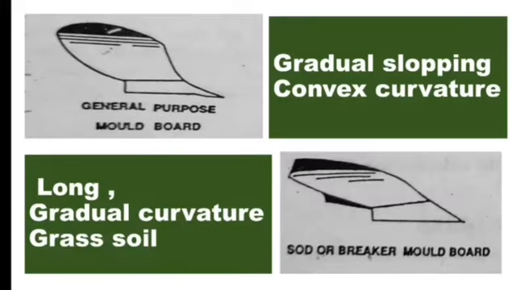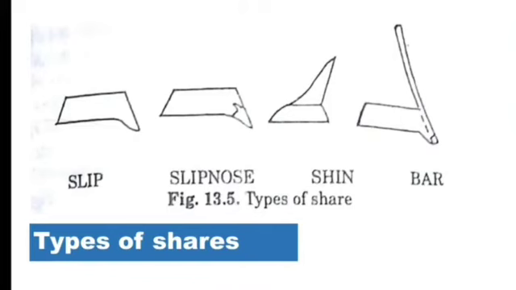Then these are the types of shears. The question has been asked, what are the types of shears? Slip nose, sheen and bar. So guys, here I am giving one assignment for you. Just go and see what the various functions of these various types of shears are, and why they have made different types of shears.